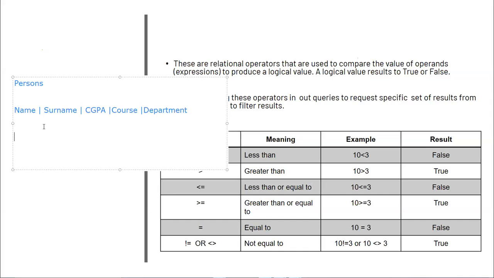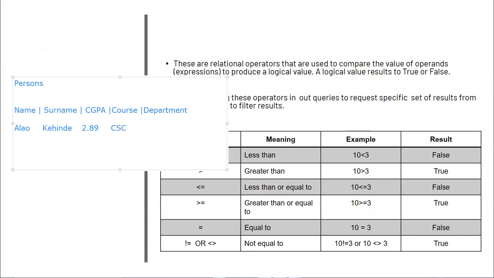So let me fill this with dummy data so that it makes sense. So we have, let's say, Allow here again. Allow has 2.89. He's studying computer science.